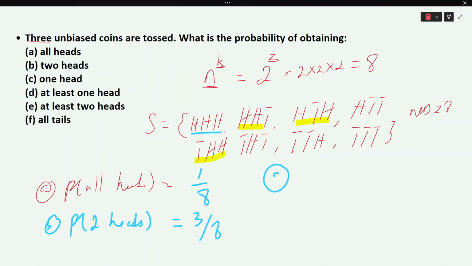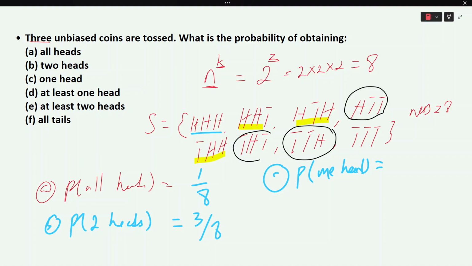Now 1 head. We have 1 head, another head, another, giving 3. So 3 over 8.